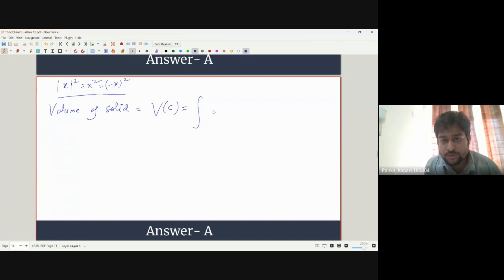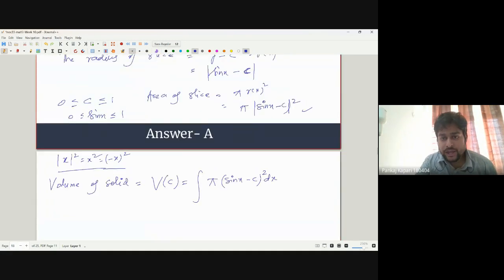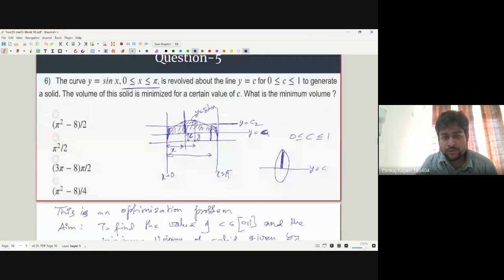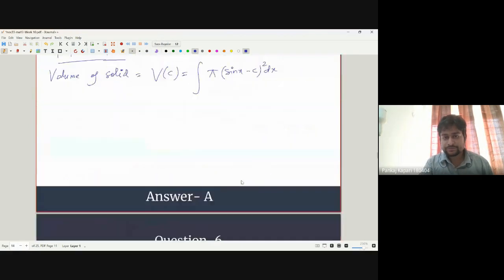So we have pi, and then sine of x minus c whole square dx. x varies between 0 and pi. So let's find out this volume. Pi we can take outside.